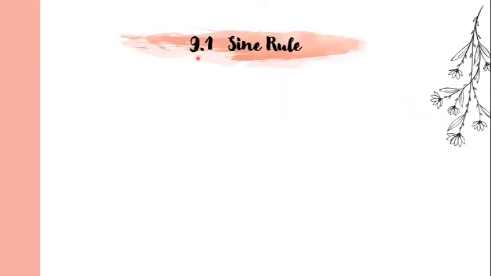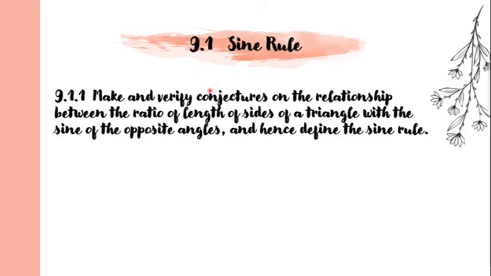9.1 Sine rule. By the end of this video, you should be able to make and verify a conjecture on the relationship between the ratio of the length of a side of a triangle with the sine of the opposite angle, and hence define the sine rule.